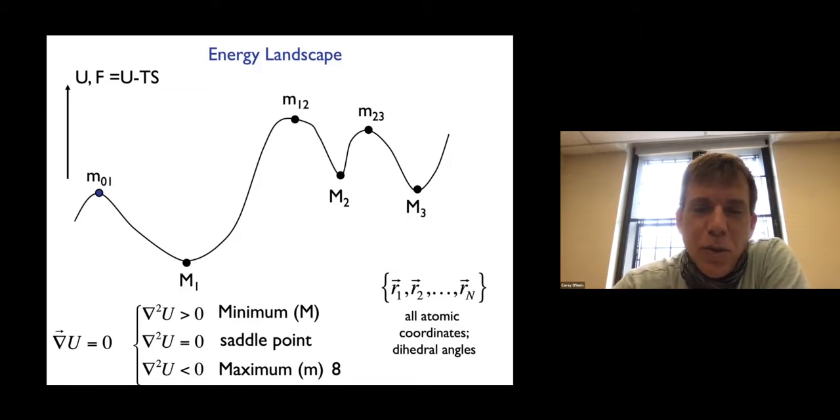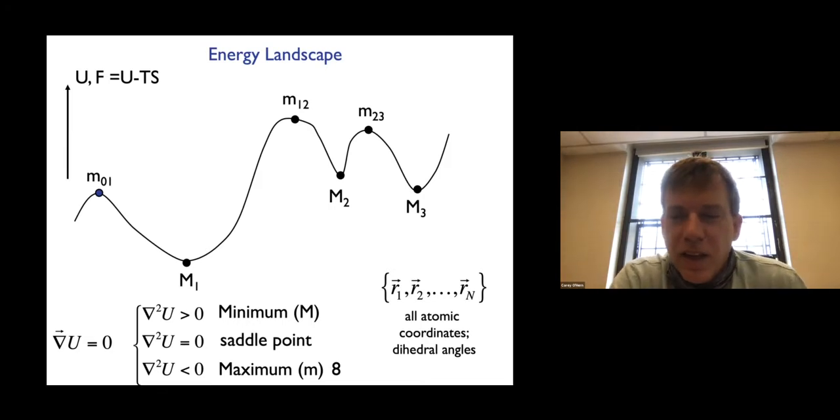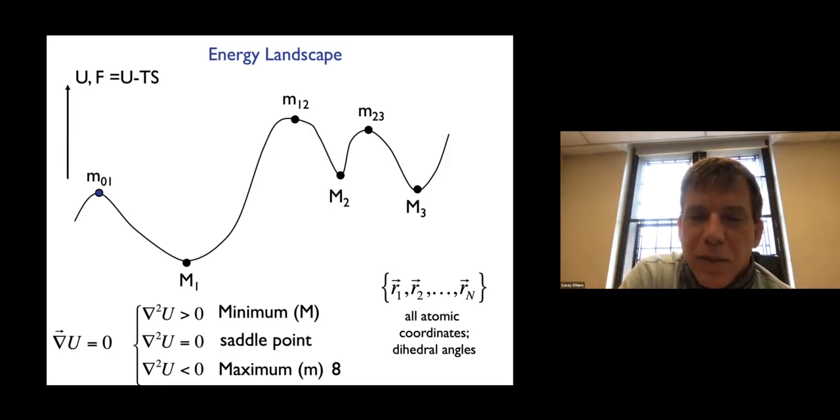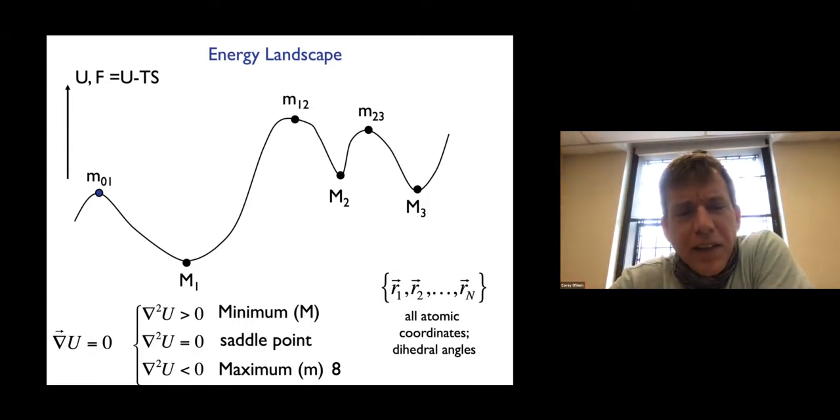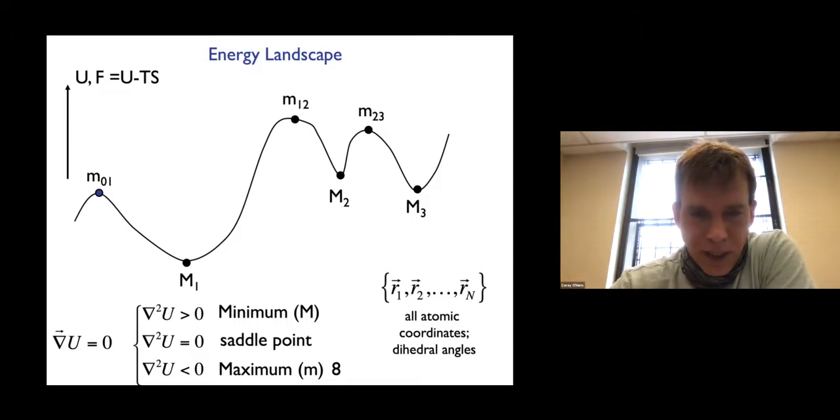This is just a two-dimensional rendering; it's really a 3n dimensional rendering if you have n amino acids. There are minima, maxima, and saddle points, and any physical or biological system wants to exist in the lowest energy structure.